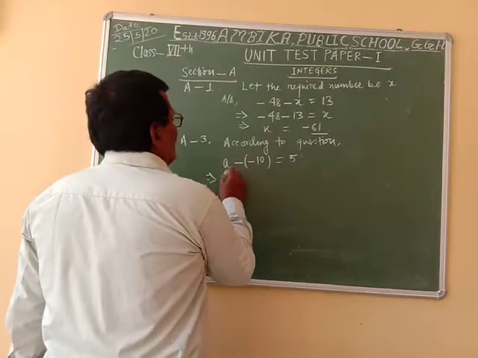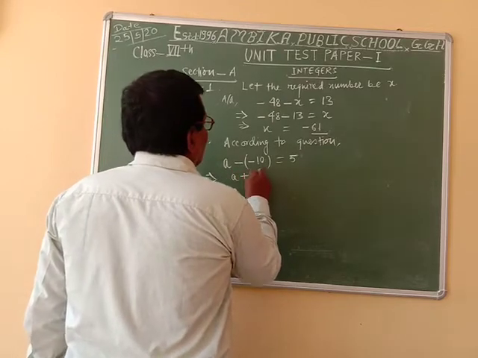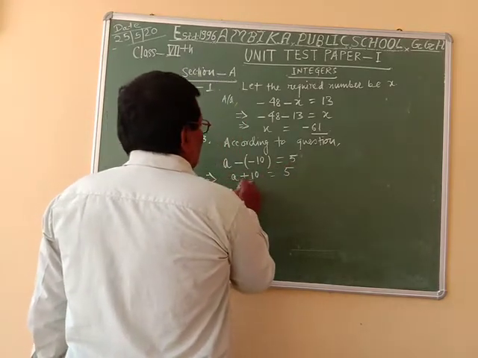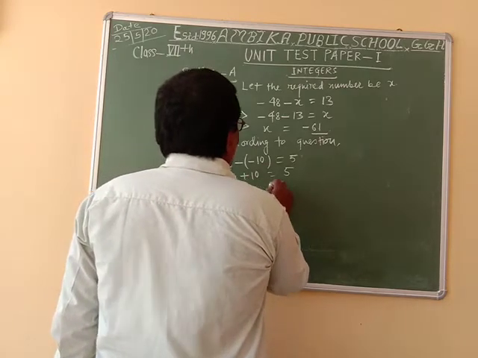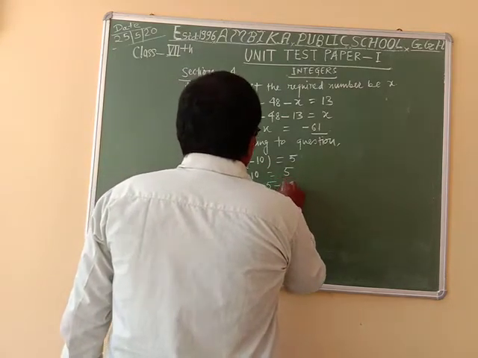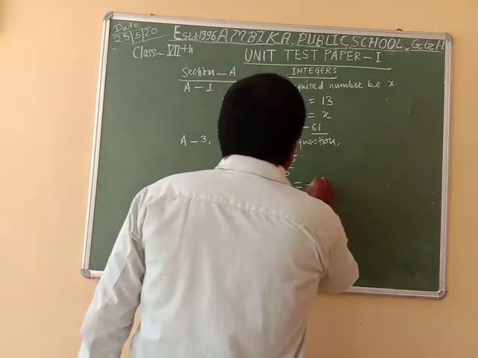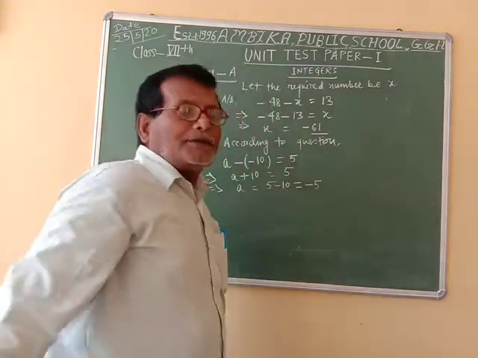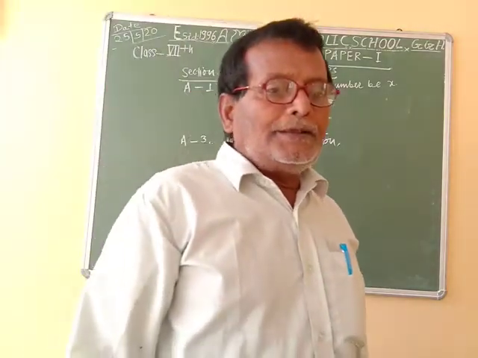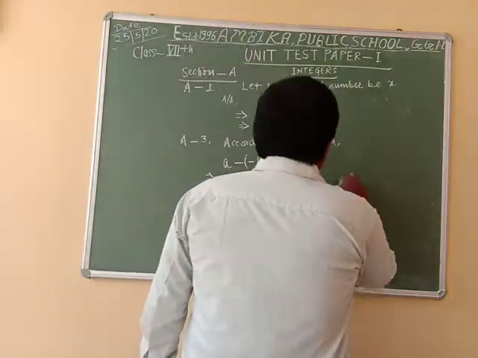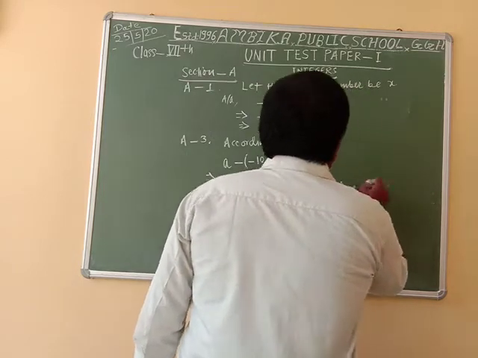Solving, a plus 10 is equal to 5, so a is equal to 5 minus 10, which is minus 5. Hence the value of a is minus 5. This is your answer.